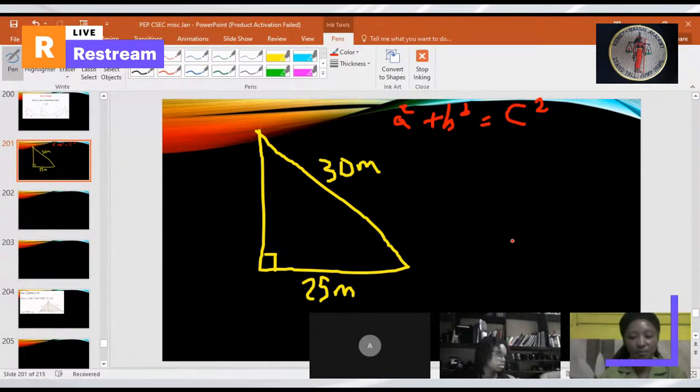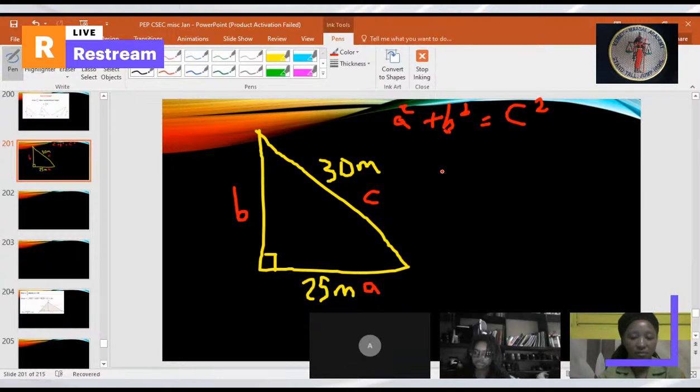So what do we put now? We're going to put in the values that we know. So let's say this 25 is A, this is B, and this is C.